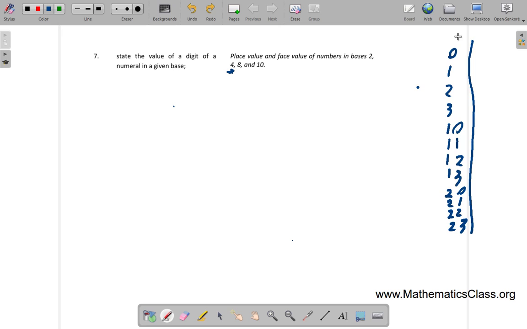The equivalent in base 10 would be 0, 1, 2, 3, 4, 5, 6, 7, 8, 9, 10, 11. You're not allowed to use any of these digits when you're counting in base 4. Just like when you're counting in base 10 and you reach 9, there's nothing new for 10.